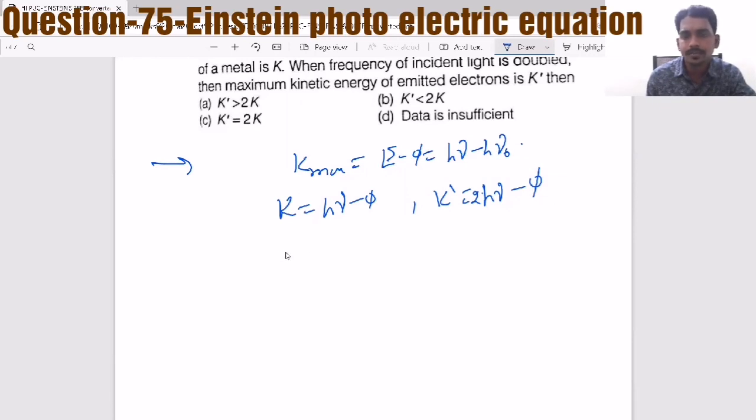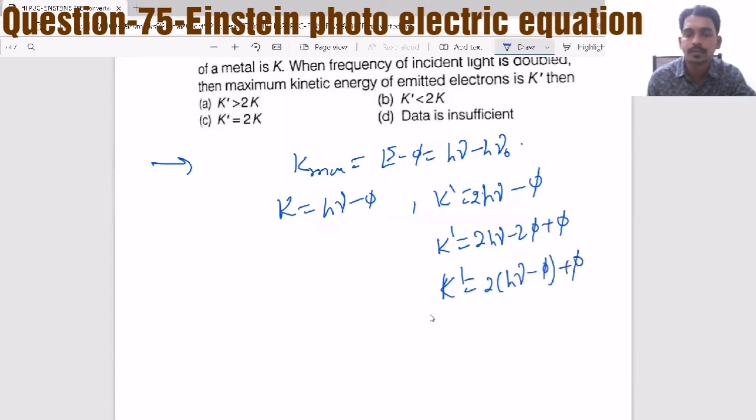Now, what I will do is, K dash equal to 2h nu minus 2 phi plus phi. I just do minus 2 phi plus phi, nothing but minus phi only. So K dash equal to 2 times h nu minus phi, plus phi.